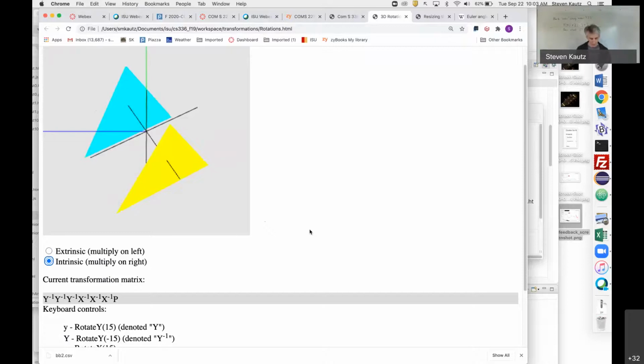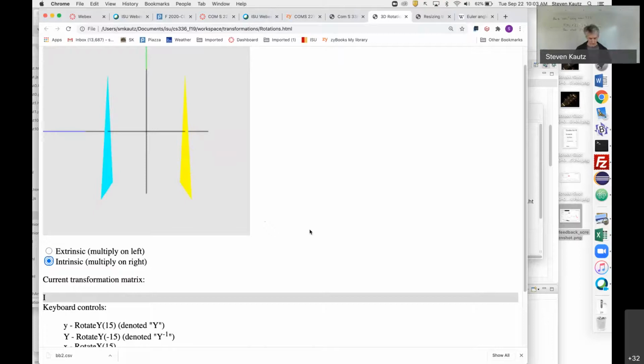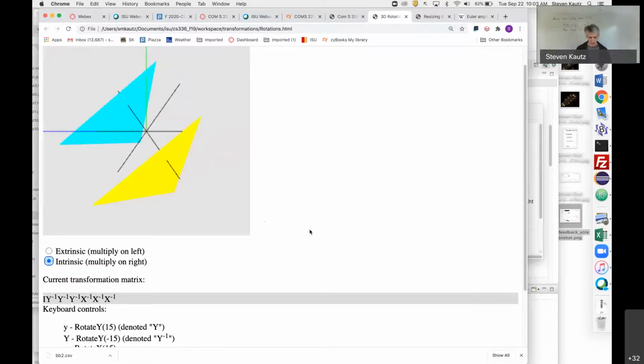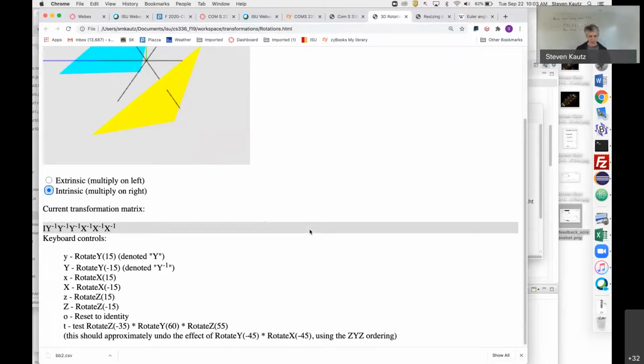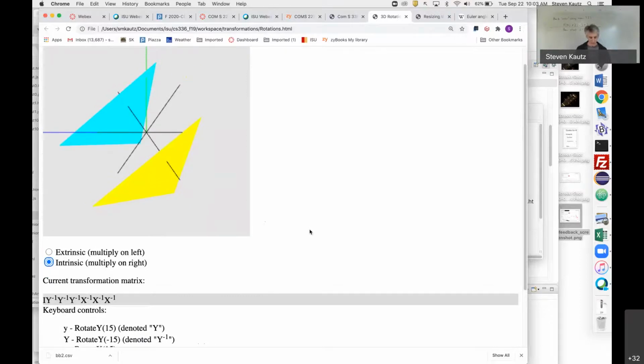I can't undo that, so I have to start over. We do y, y, y, x, x, x, and then I start doing negative z rotations. In other words, rather than putting in minus 35, I'll do minus 15 and then minus 30. I can see that if I go a little bit more, I would get the z-axis aligned in that plane.